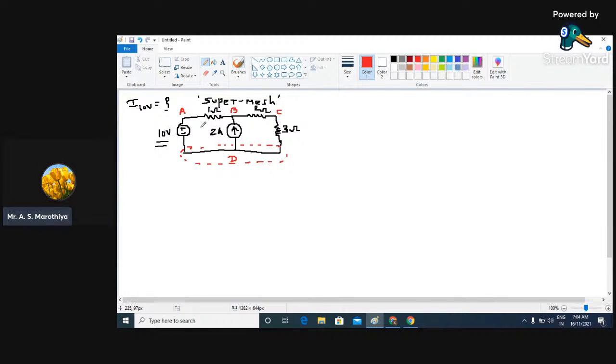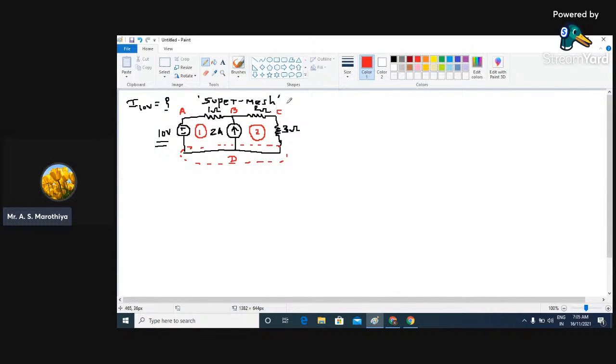If you see this structure, when we move from point A, then B, then D, and then coming back to A, this is going to be our first mesh. In the same way, when we move from point B, then C, then D, and then coming back to B, this is going to be our second mesh. So in this particular circuit we have two meshes, and in between these two meshes we have a common current source.